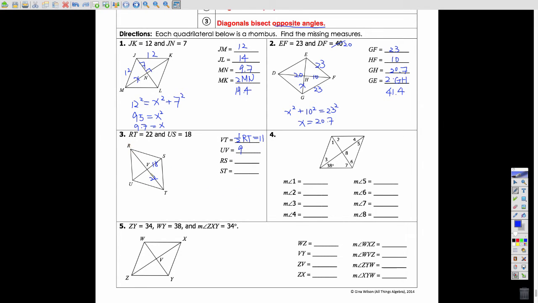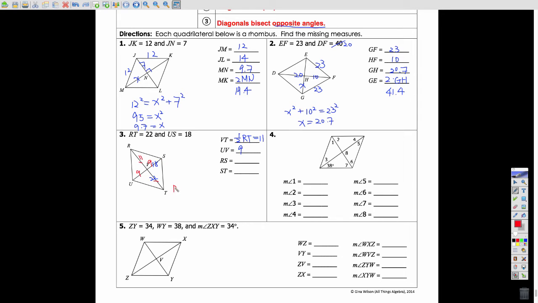RS is a little bit more challenging, but notice I'm going to change the color to red. Since this part, UV is 9 here. And then VT is here, which is here too as well. RV and VT are congruent to each other, right? So if I'm asked to find RS, I should have 9 for VS as well.